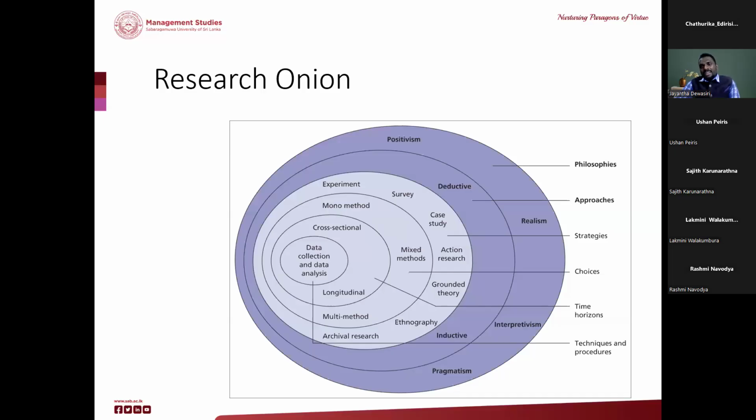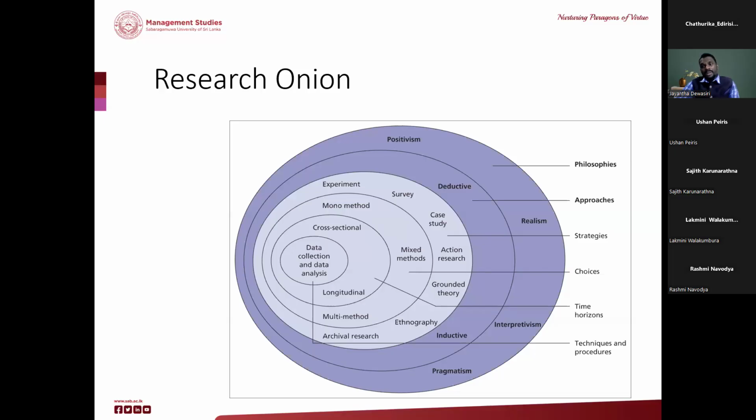In contrast, interpretivist researchers believe in subjectivity, and they believe that there are multiple realities regarding a phenomenon. There is not just one objectivity. They also respect personal experiences and values.